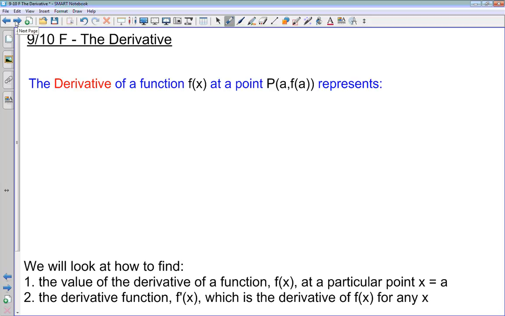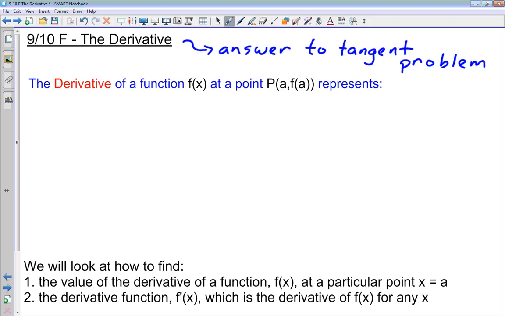Okay? So what is a derivative? A derivative is basically the answer to the tangent problem. The tangent problem was, how do we find the slope of the tangent, or how do we find the instantaneous rate of change given some function at some point? Well, the derivative of a function f at x at some point, P, with an x value a, represents one of two things.